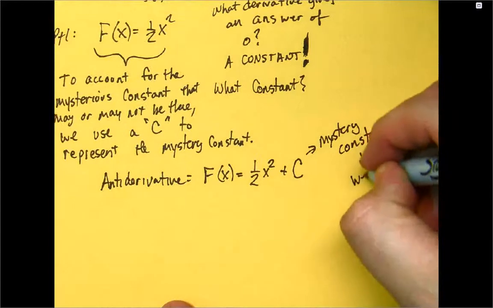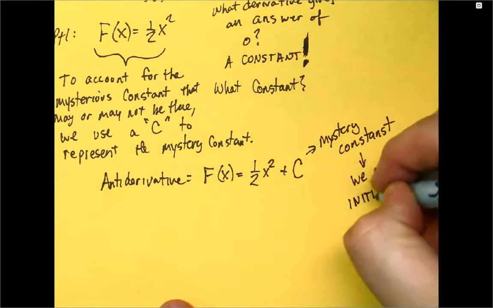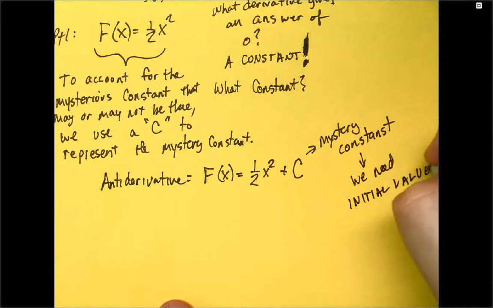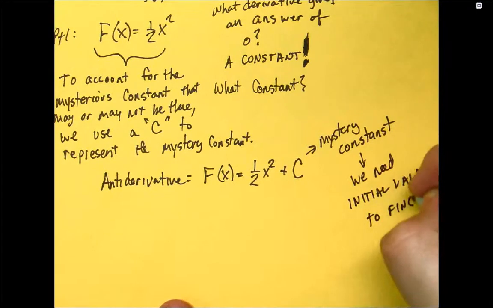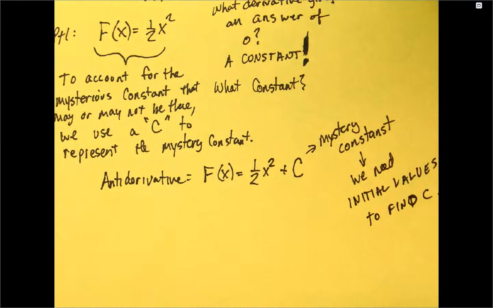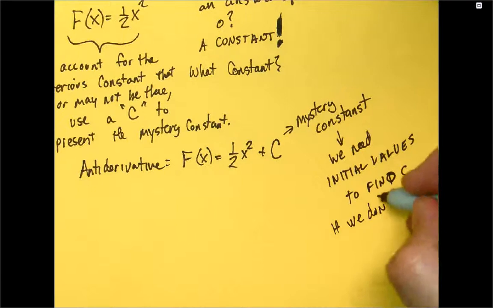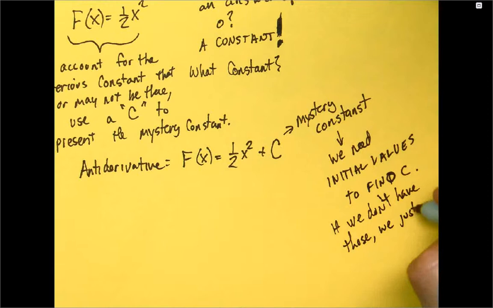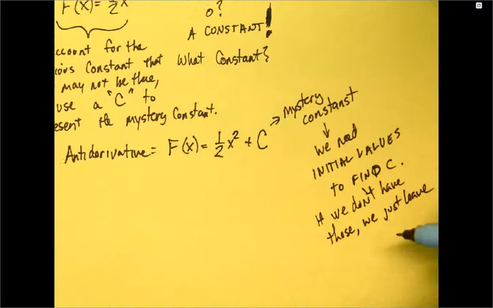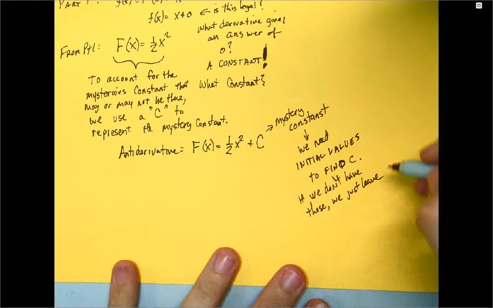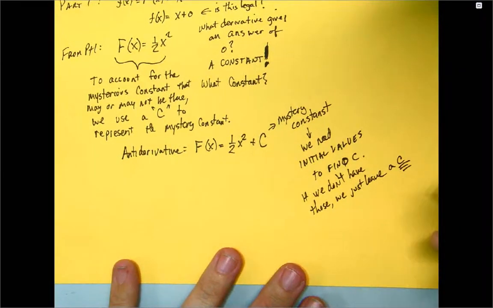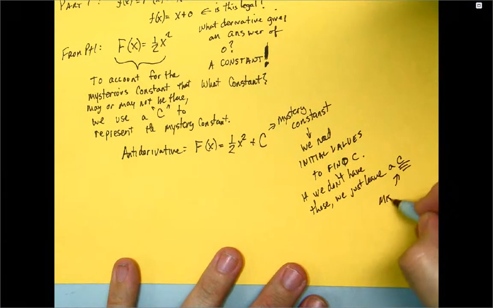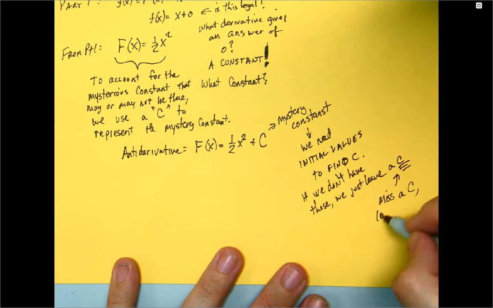We need initial values to find C. If we don't have those, we just leave a C. Fair warning, miss a C, lose a point.